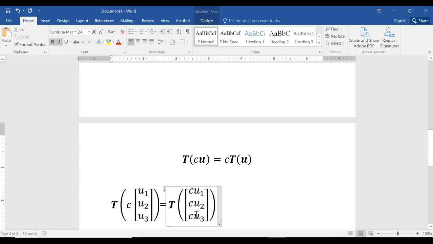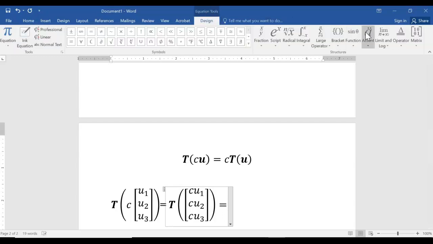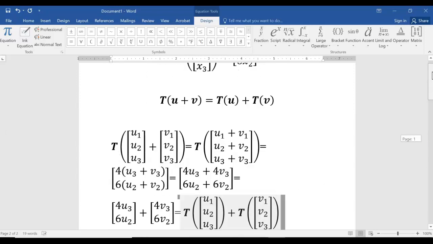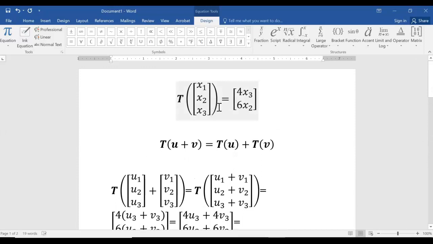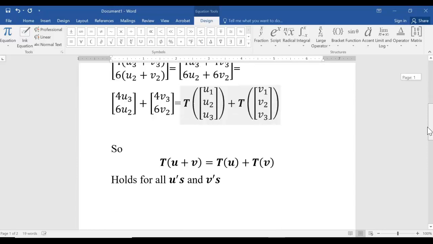inside the transformation. Once you apply the transformation, again, we're using the same transformation, so our outputs are going to be 2 by 1 vectors, 2 rows, 1 column. We're going to get the result by taking 4 times the third entry and then 6 times the second entry.